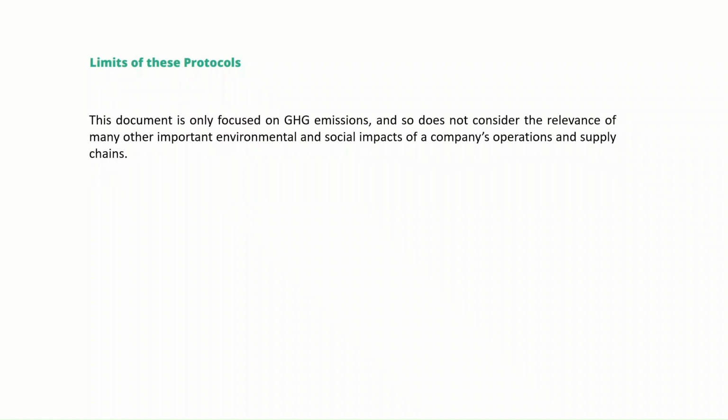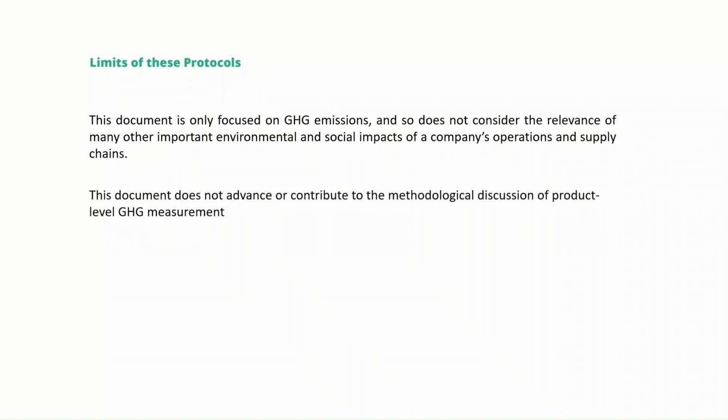This guidance is more related to the GHG emissions only. If you are more interested in other environmental impacts or some social impacts, you can choose some other kind of guidance. But if you are adopting this guidance, it is only related to the GHG emissions.